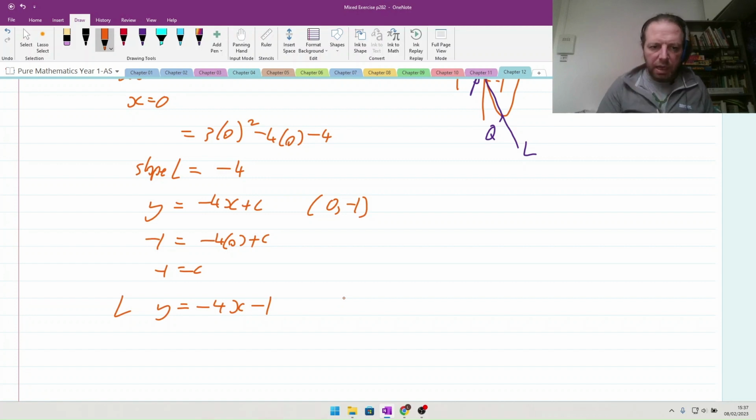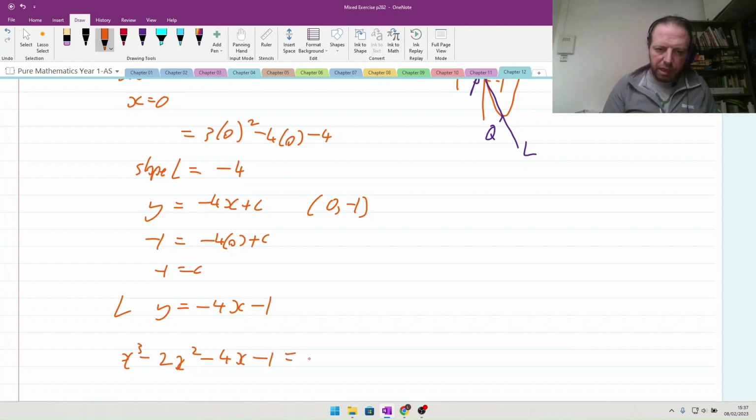Okay, now what I want to do is decide when that is equal to the curve, so that I've got the intersection point. So the curve C can be written as x cubed minus 2x squared minus 4x minus 1.